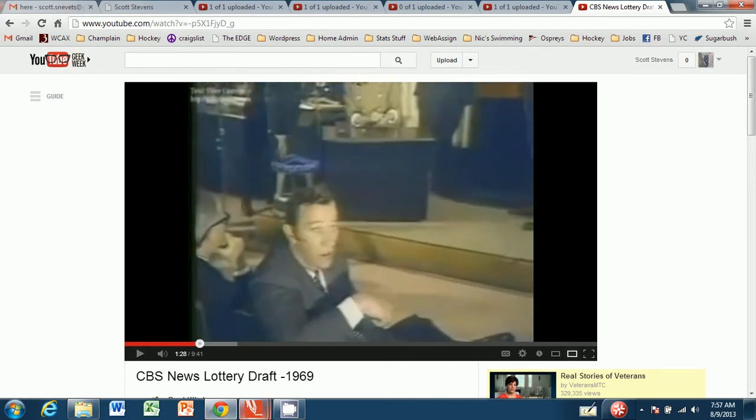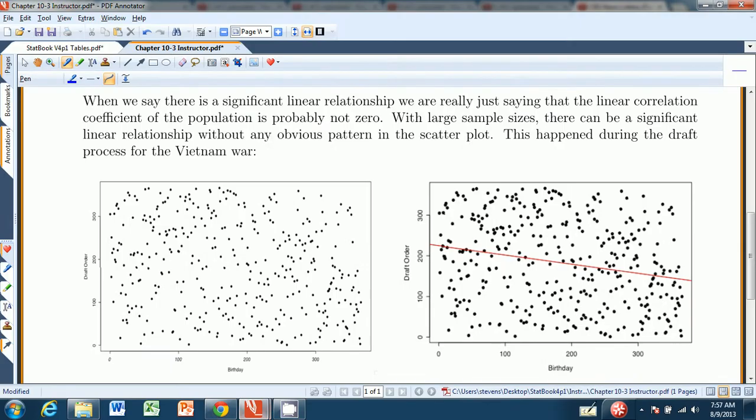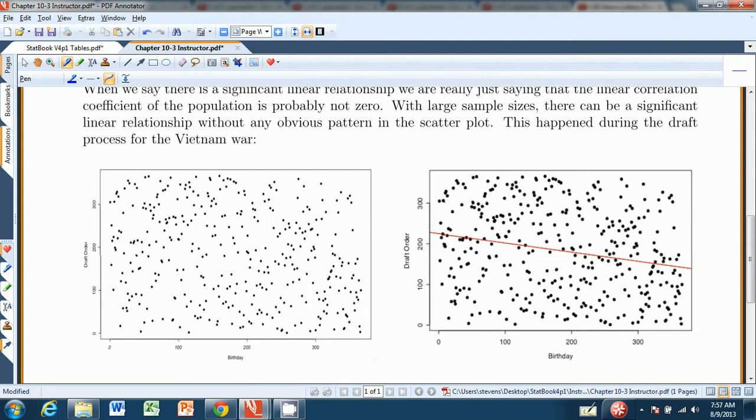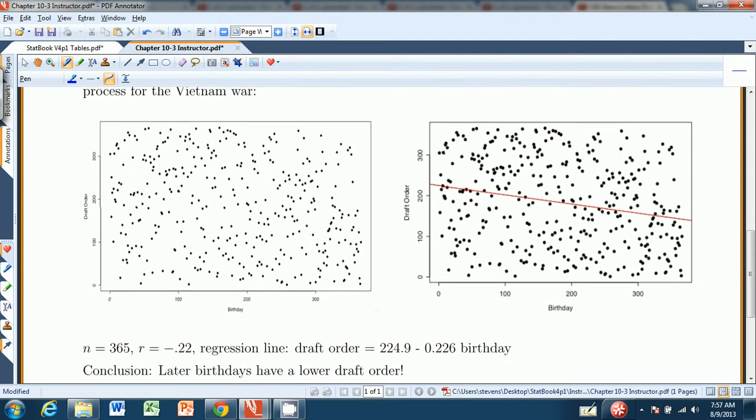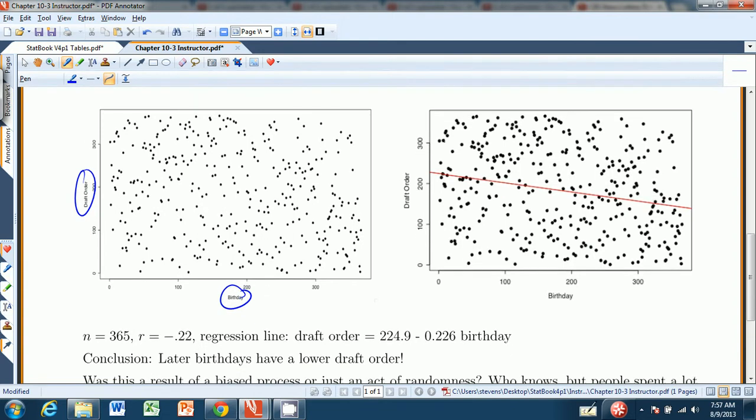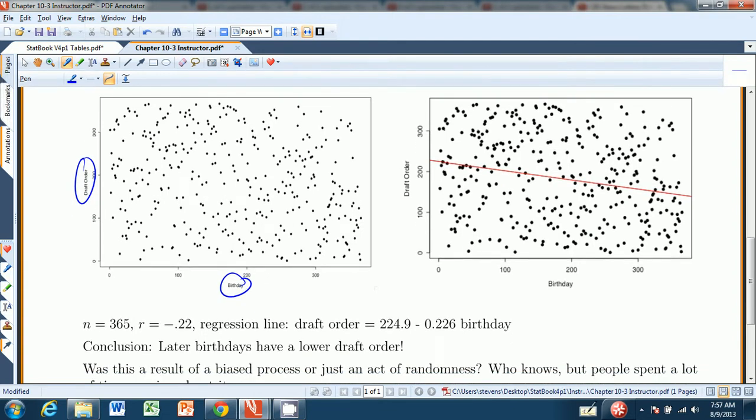Alright, so that's a fairly sobering video. So when that process was all done, what they had was a set of birthdays, XY data, and the draft order. And what they realized afterwards was that there was a significant correlation. Basically, the later the birth date, the earlier the draft order. Right?